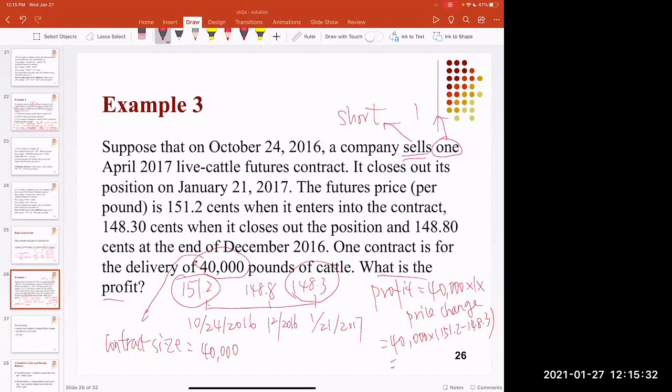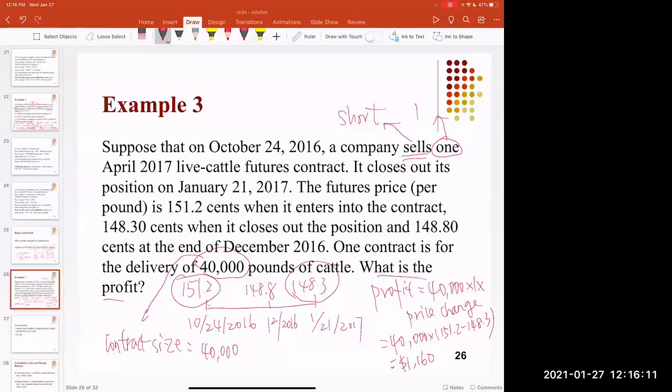It's 116,000. It's 1,160, right? Yes, this is the answer.